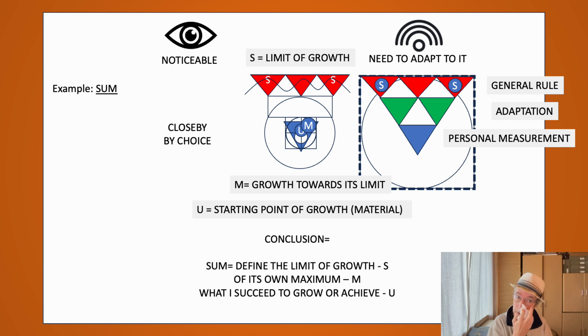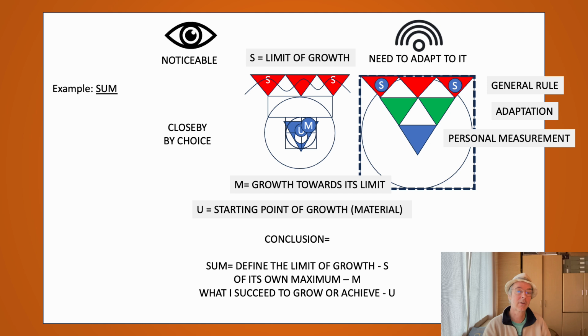So that's quite okay. We have a couple of letters that are into our personal measurements, and one of the general rule. So we have the M here. I show you again. I explain it again. It's this growth towards its own limits.